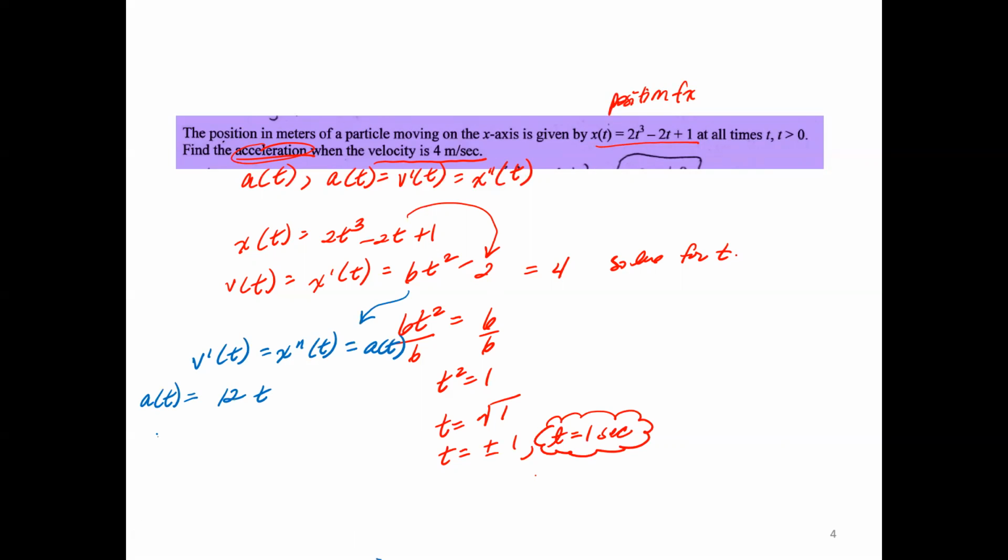Now I know my t is 1, so a of 1 is equal to 12 times 1, which is 12 meters per second, and it's squared because with acceleration, it is always squared.